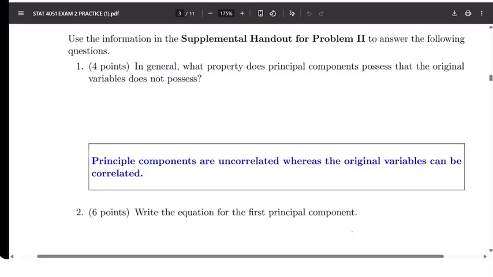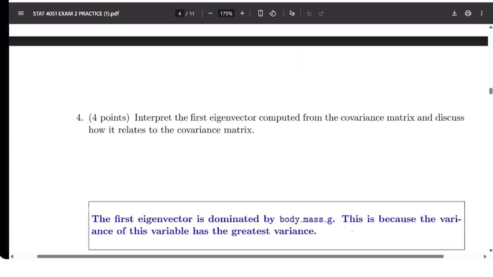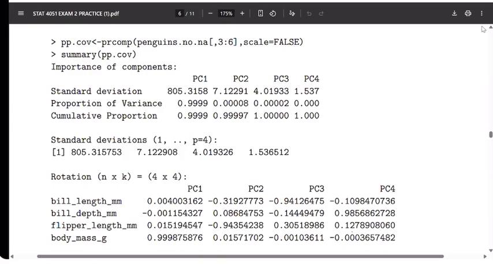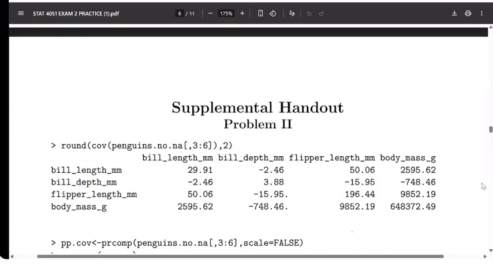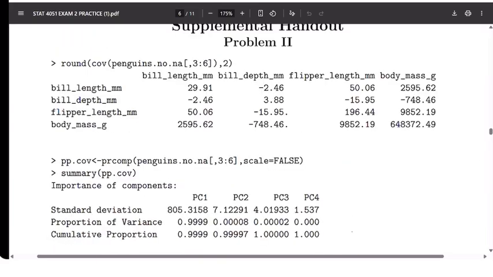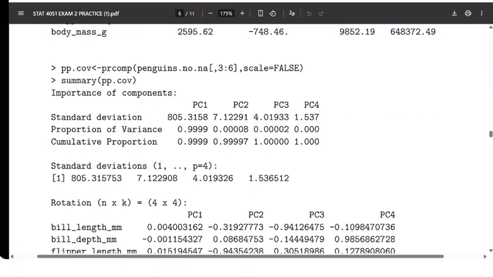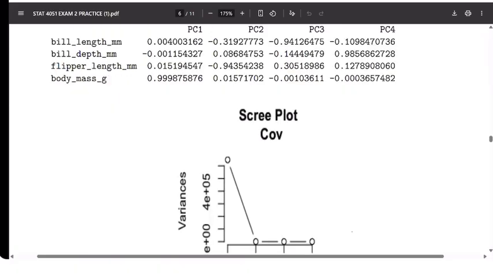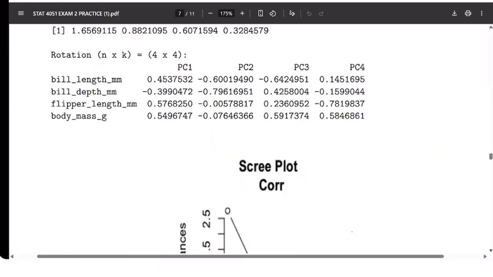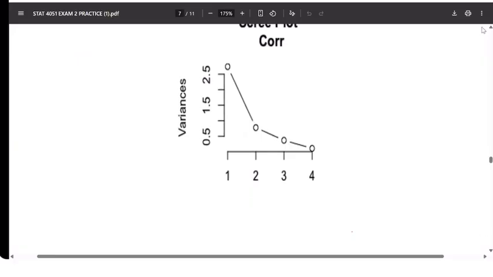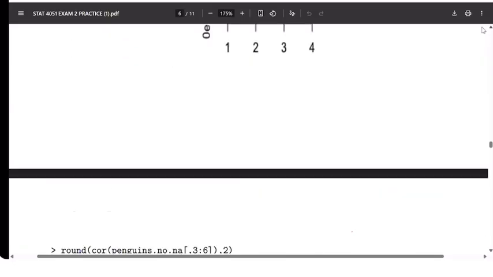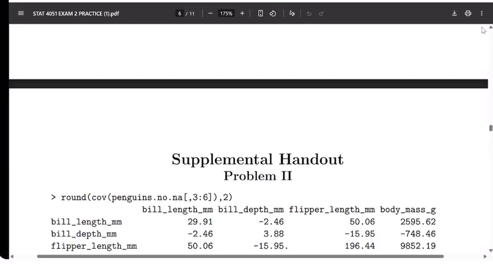I'm going to generate an R output for you, you're not going to use R. Can you see this? This is the R output that has already been provided. But there's something I need you to pay attention to. I computed one based on the covariance matrix and the other one based on the correlation matrix.